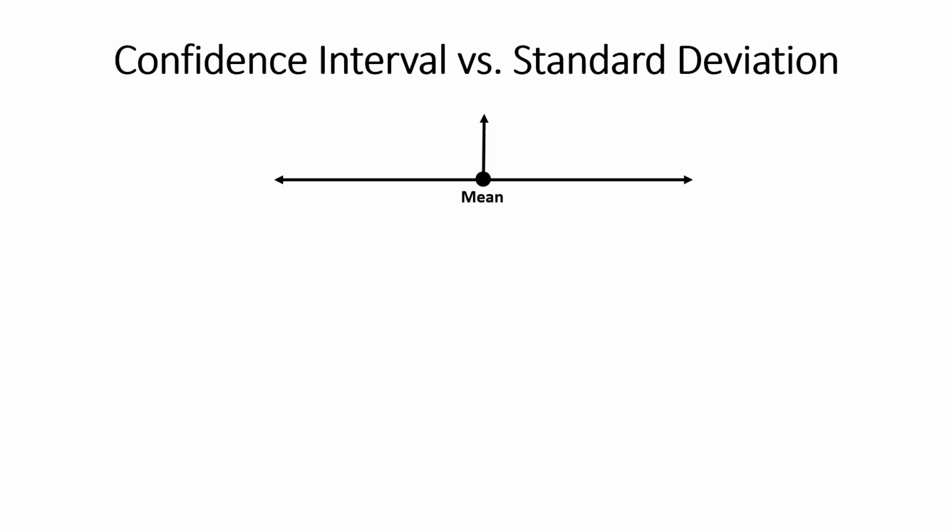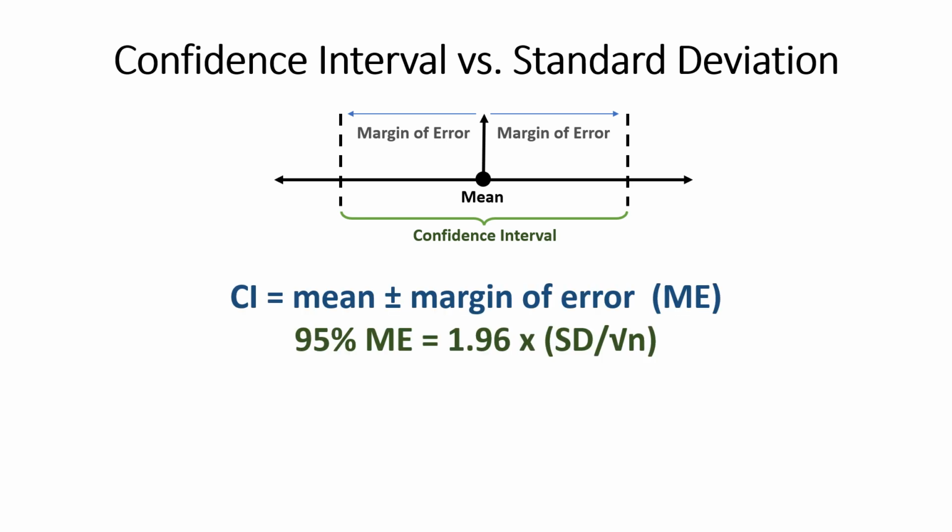Suppose we have a mean of a range of readings or a range of observations. The confidence interval will extend on either side of the mean, spanning over a margin of error. So the confidence interval equals the mean plus minus margin of error.